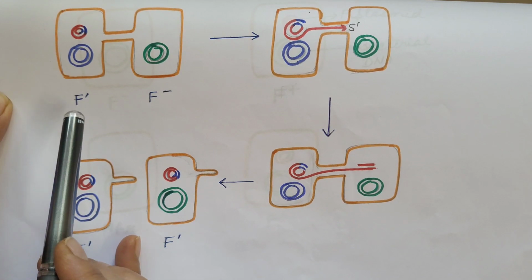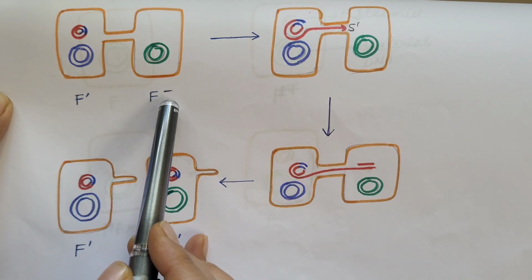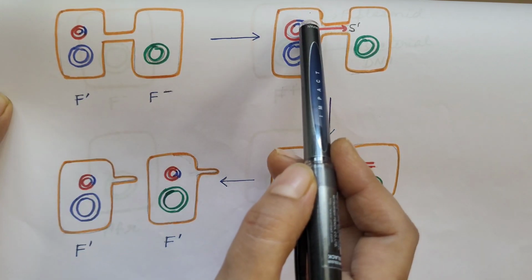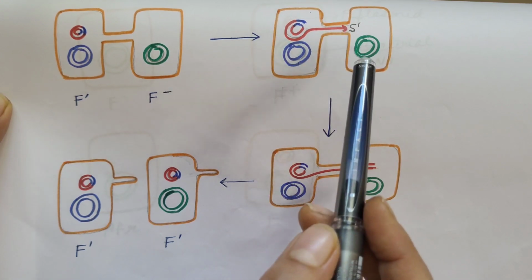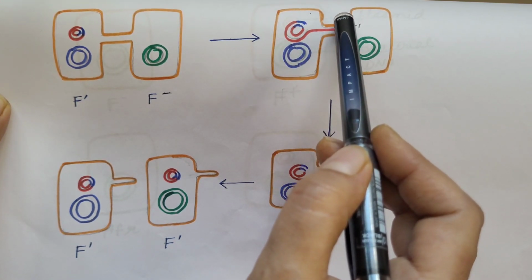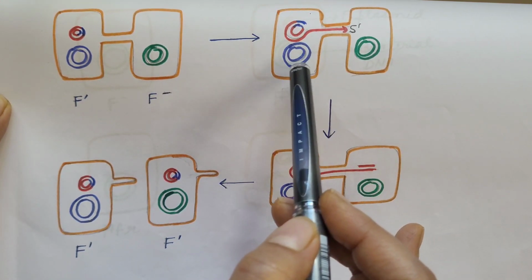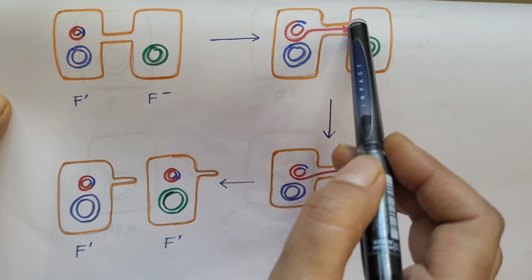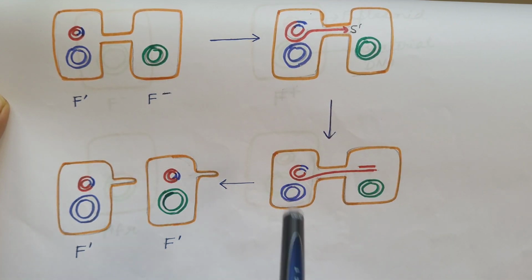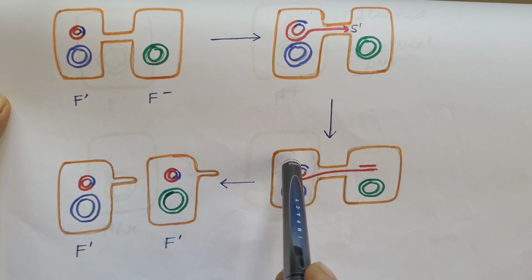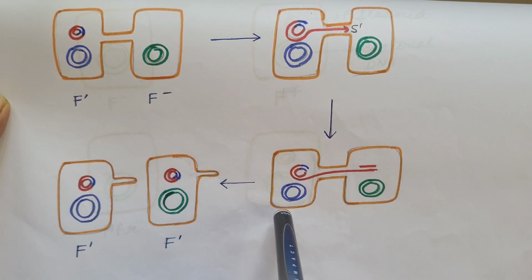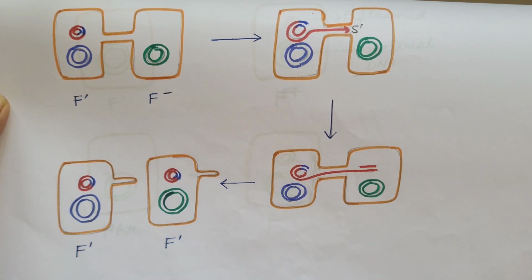When conjugation occurs between the F prime cell and the F minus cell, a nick occurs in one of the strands of this F plasmid. Then this nicked strand is transferred from the F prime cell to the F minus cell in the 5' to 3' direction. The entire F plasmid along with some bacterial genes is transferred from the F prime to the F minus cell.